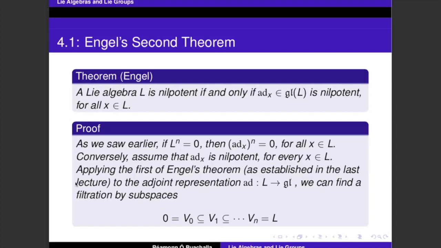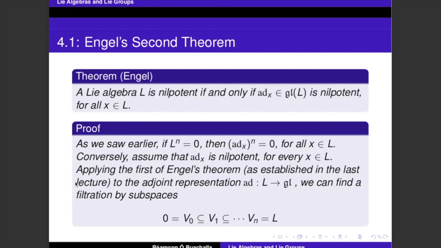A Lie algebra L is nilpotent if and only if the adjoint action ad(x) is nilpotent for all elements x in L. So here you really see where the name nilpotent comes from. It is equivalent to the nilpotency of the operators coming from the adjoint representation, which is nice. So let's look at the proof.